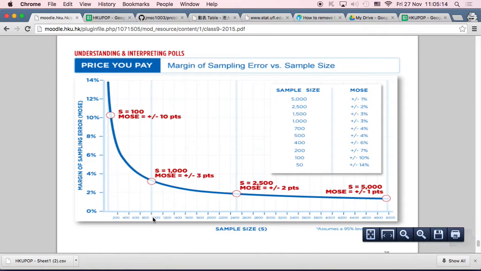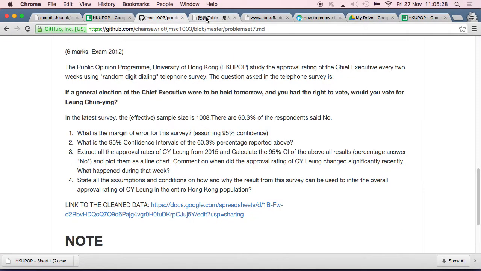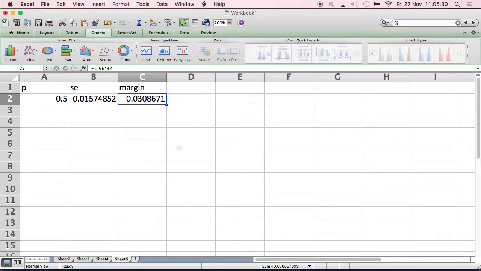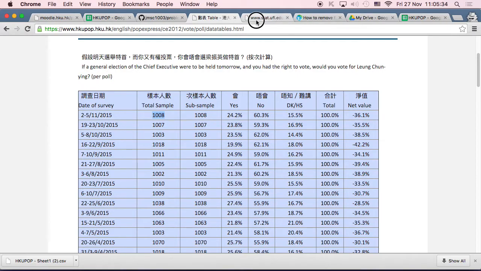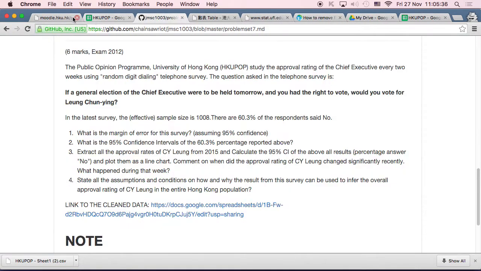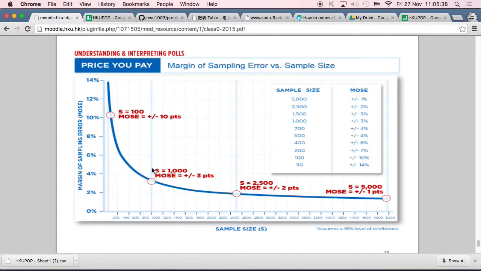When the sample size is about 1,000, the margin of error is roughly 3%. Because the sample size is 1,008, it should be very close to 3%. You can read this graph to get the answer.